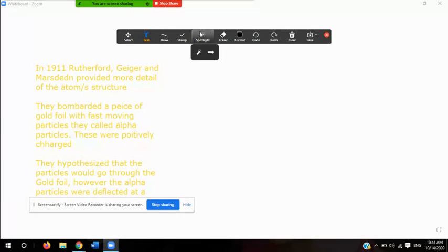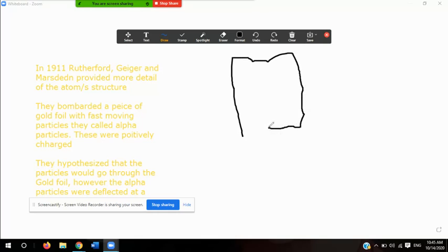All right. So basically, what they did, guys, was they bombarded, and I apologize for this, but hopefully you guys can see it better. Let me try to illustrate what happens. You have this piece of gold foil, and I'm going to try to color it gold in a minute, or yellow because it's the closest color I have.